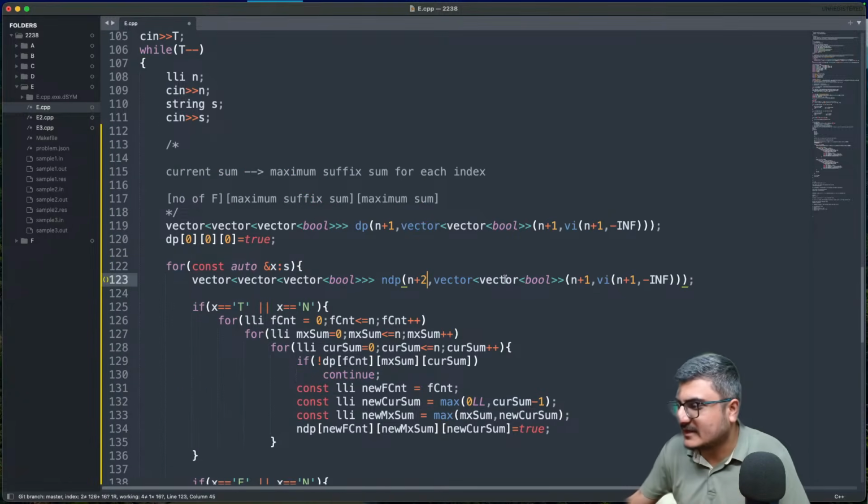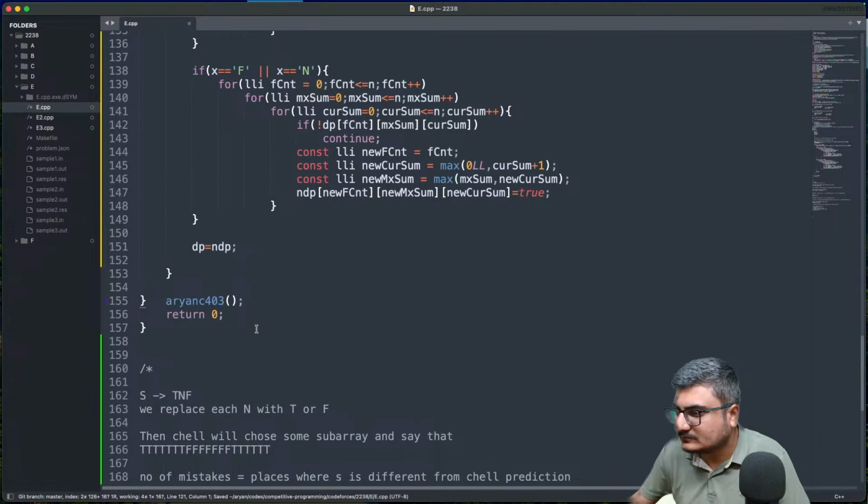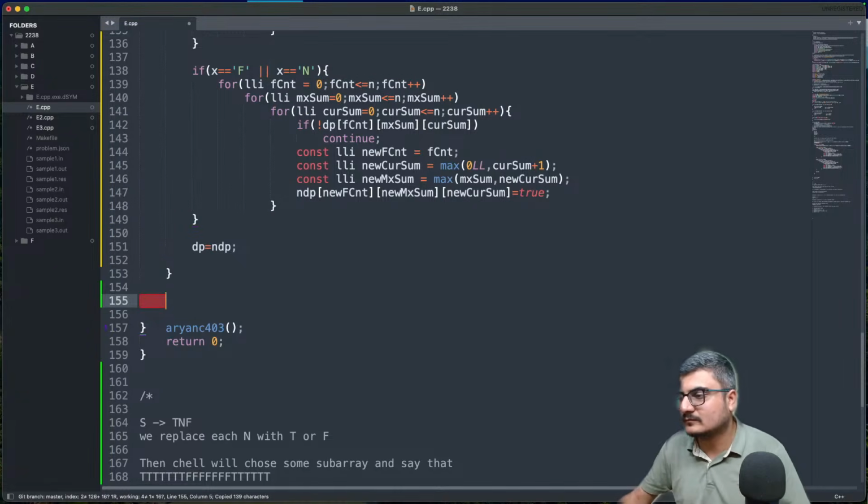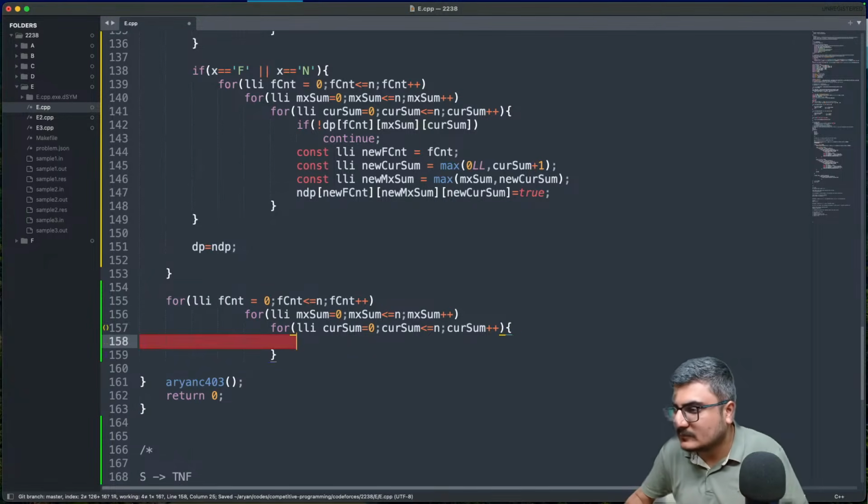Let's just make it n+2, so we don't have. At last we go over all the values. We can probably keep all of this together as well.